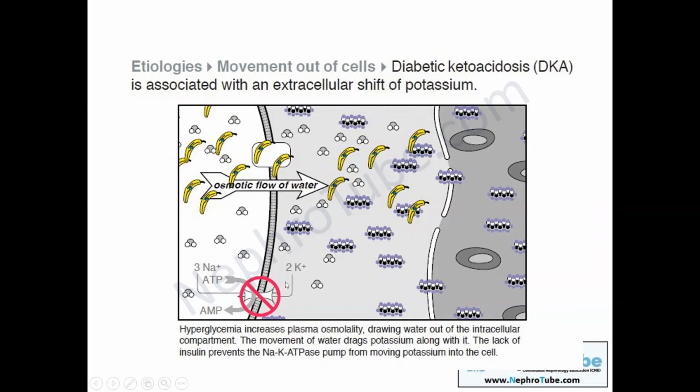Its main function is to enhance the entry of potassium from the extracellular space to the intracellular space. Insulin increases the activity of this pump, and in insulin deficiency, this pump activity will decrease. So if the patient has insulin deficiency, the re-entry of potassium into the cell will decrease, causing hyperkalemia.